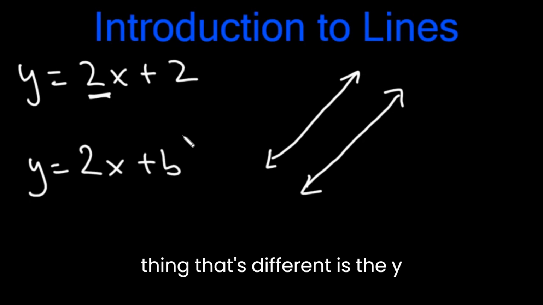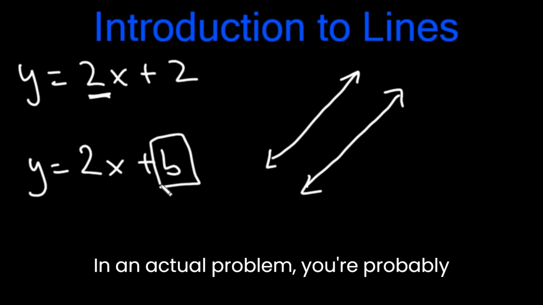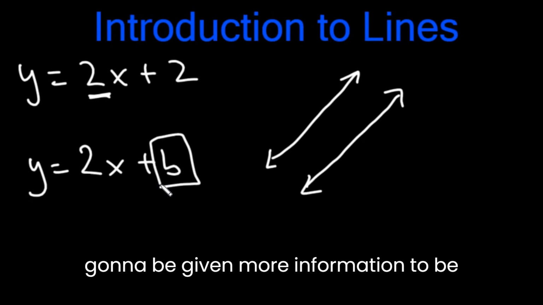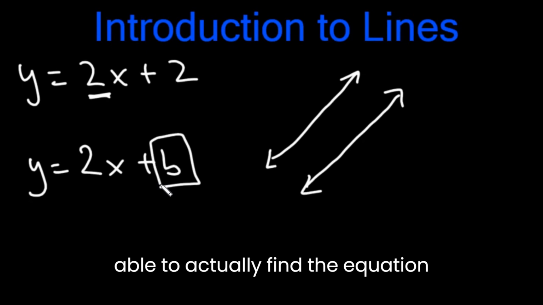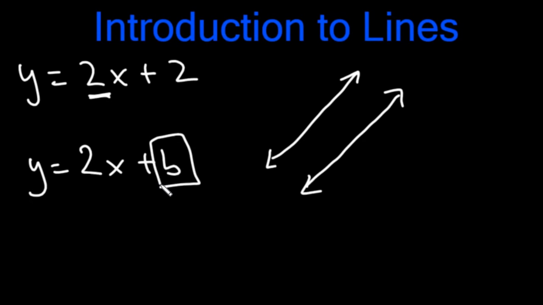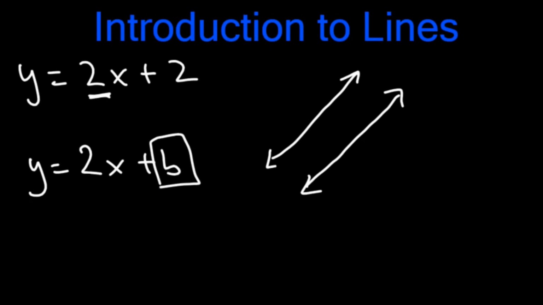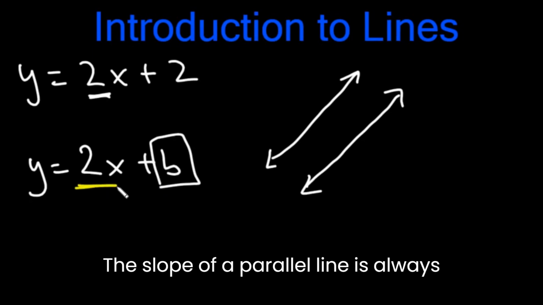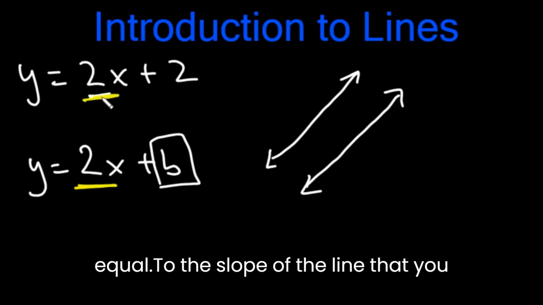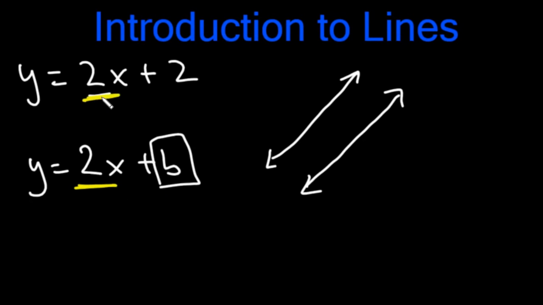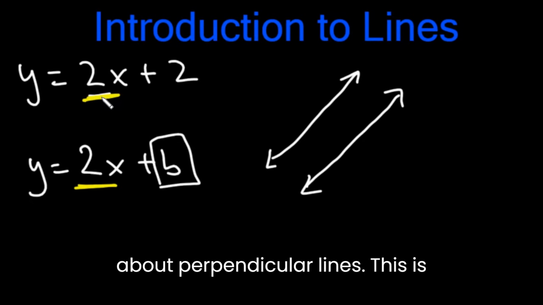The thing that's different is the y-intercept, the b. In an actual problem, you're probably going to be given more information to be able to actually find the equation of a parallel line. So again, just remember that the slope of a parallel line is always equal to the slope of the line that you have.